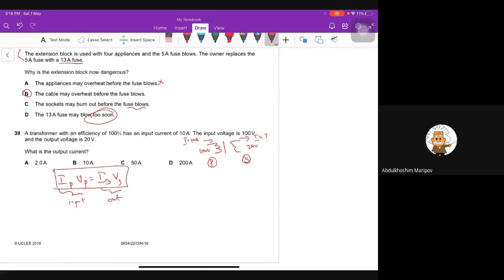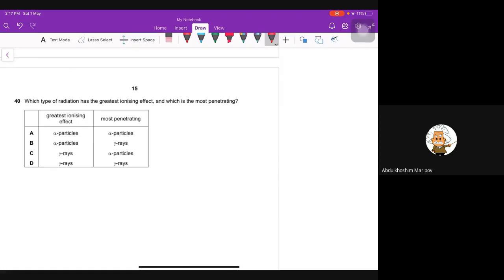So the formula given in this case: I input is 10 ampere, voltage is 100 volt, equals I output, which we don't know, times 20 volt. Simply I would be, guys, 1000 over 20, 100 over 2, which is going to be 50 ampere, right? 50 ampere, and it's C.